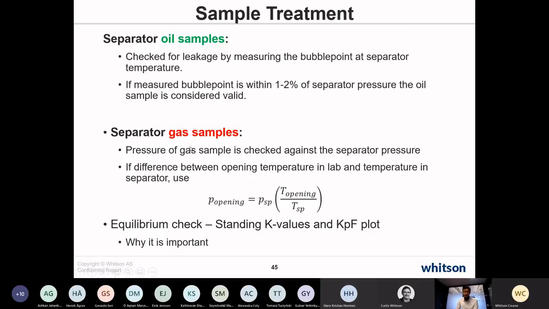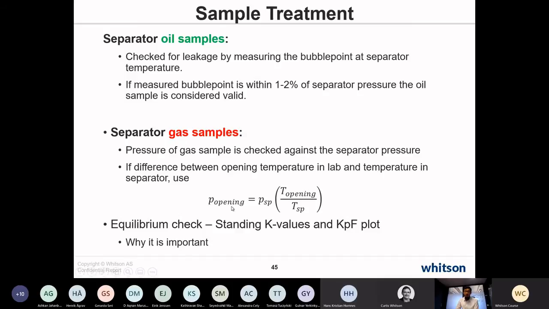And for the gas samples, we generally check again for any leakage. So we check whether the opening pressure is close to the separator pressure at the separator temperature. And if the opening temperature is different than the separator temperature, then you can calculate the opening pressure that we should expect in the container from this equation, which is simply the ideal gas law.